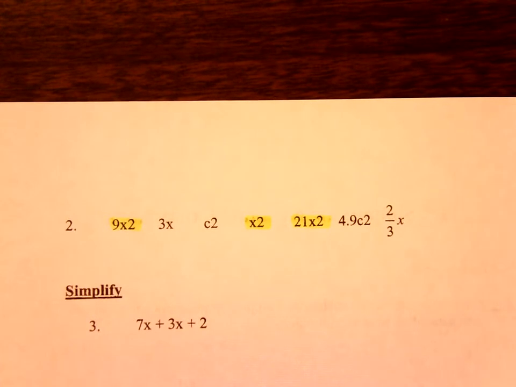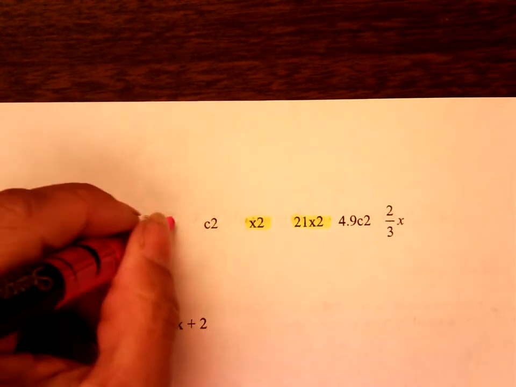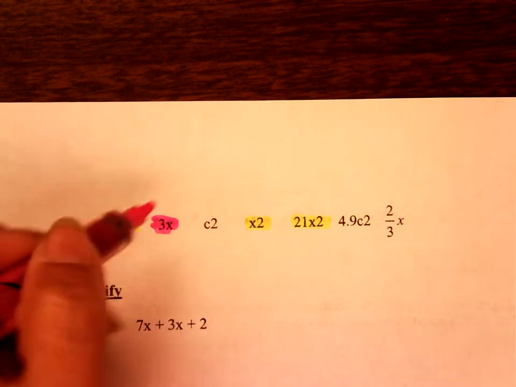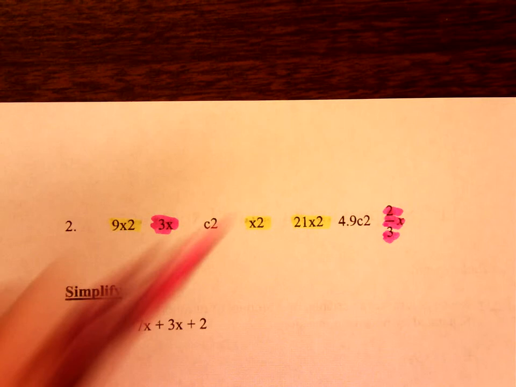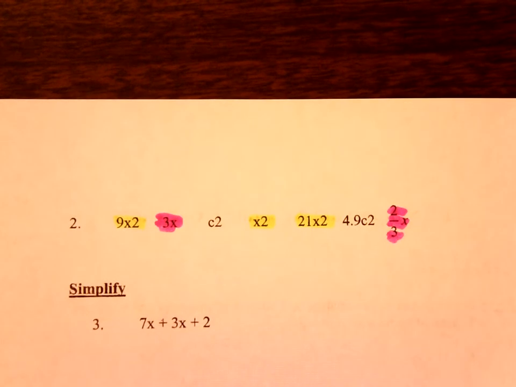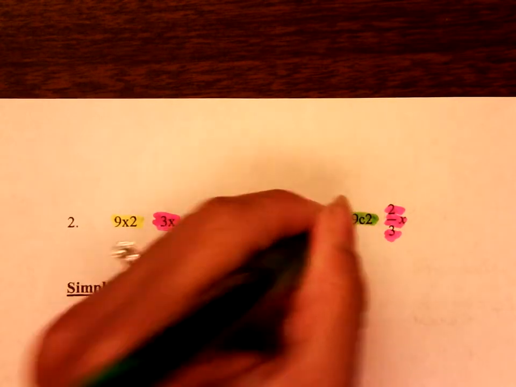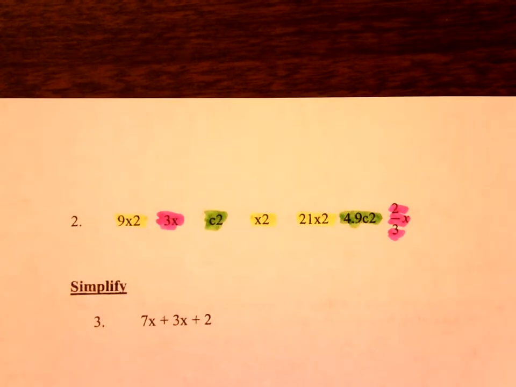Then I have 3x. Now I can only find one that has the variable x in it, and there's the 2/3 x. Then c squared. It can't be just plain c, it's got to be c squared, and that would be right here. So those are your like terms.